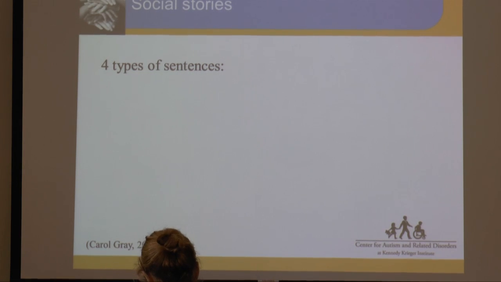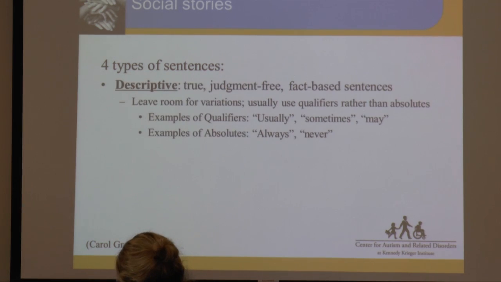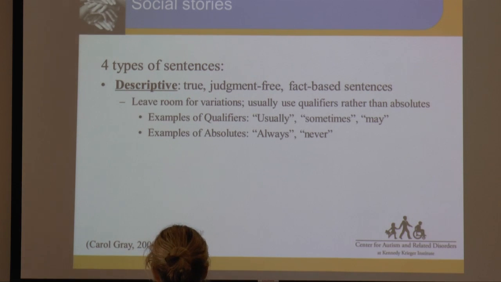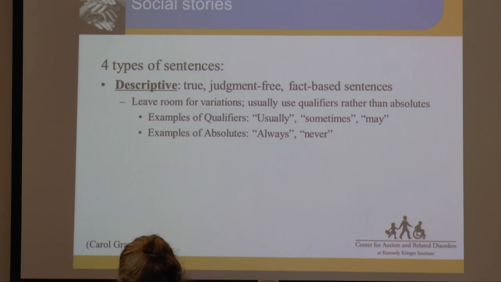Carol Gray was the one who originally came up with social stories, and when she came up with it, she recommended 4 different types of sentences to be used. These include descriptive sentences, which are true, judgment-free sentences that are fact-based. They basically describe what's going to happen. The important thing when you're writing descriptives is to leave room for variations, so you typically use qualifiers rather than absolutes.